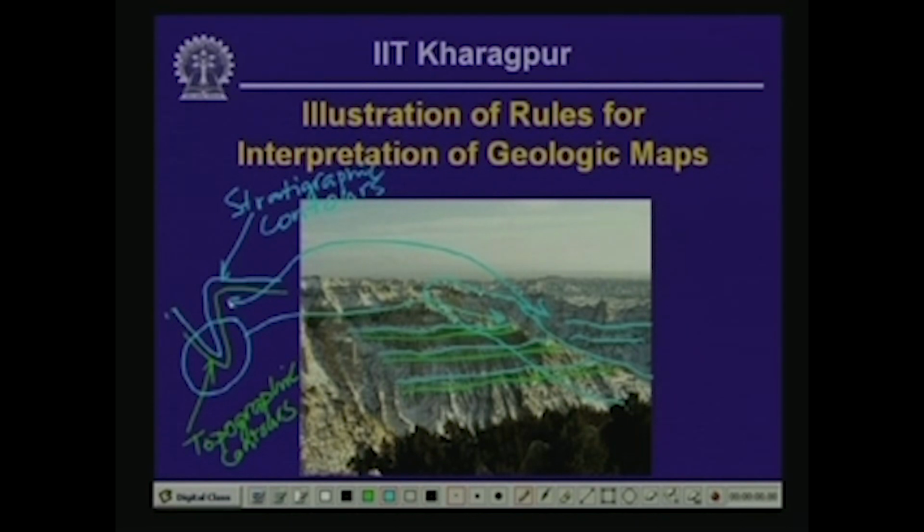So, that shows that the topographic contour is going to be followed by the stratigraphic contours when the surface of the bedding is near horizontal.